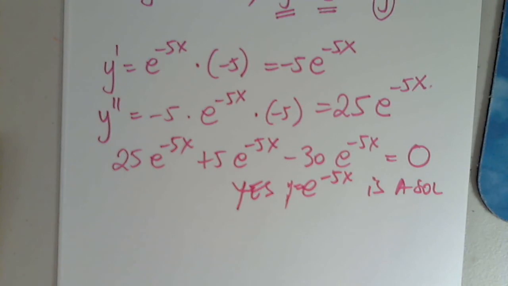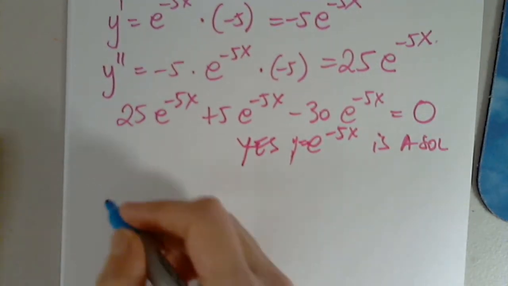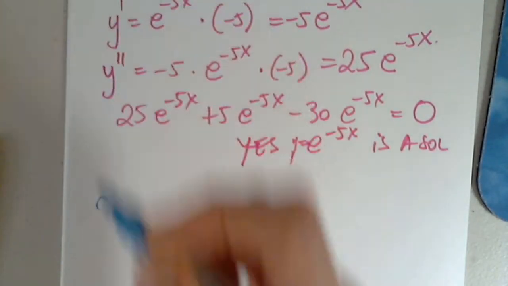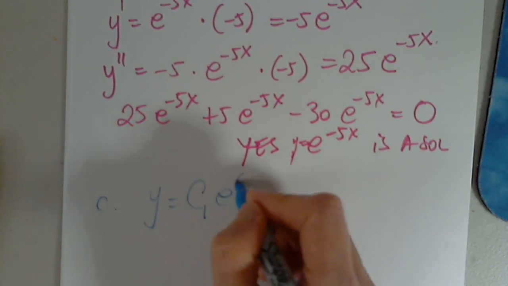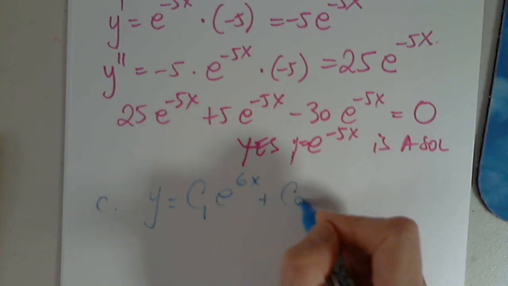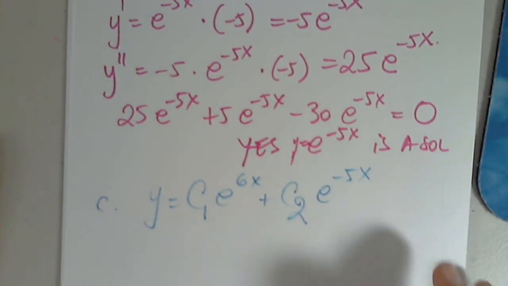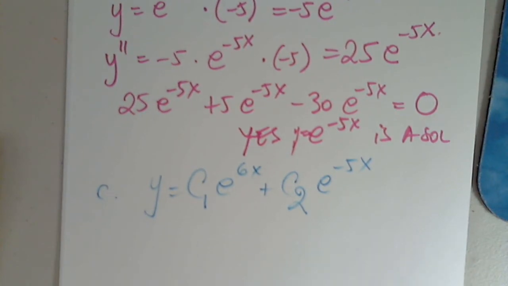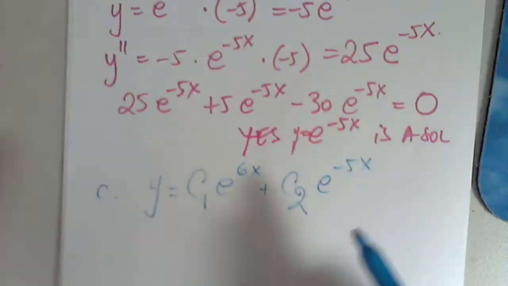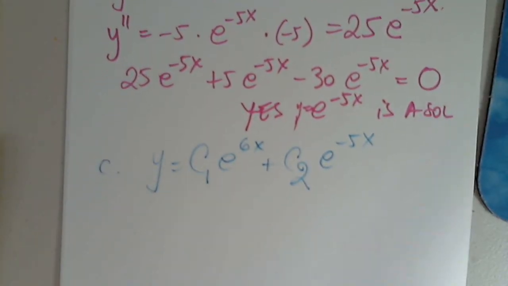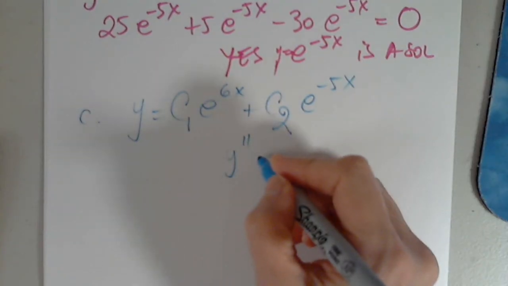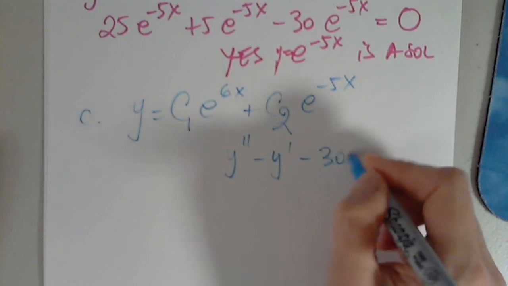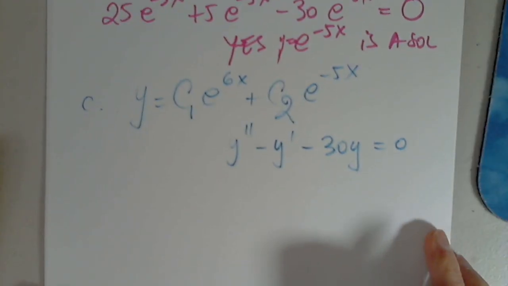We also have part C. Same question. In part C, they are giving us y equals c1 e to 6x plus c2 e to negative 5x is a solution where c1 and c2 are constants. As you see, what happens here is just a linear combination of the previous two solutions. So even this will be a solution of the second derivative minus the first minus 30 times the function equals 0.